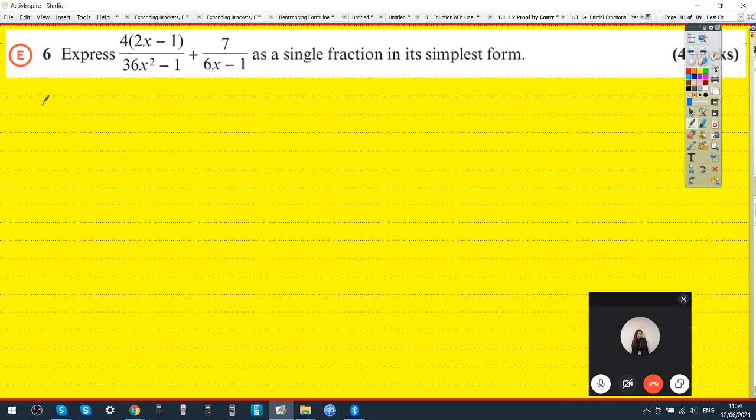So you get 6x minus 4 on the top left. 8x minus 1, then minus 4. And then the bottom, would you simplify that as a quadratic? Would that work? Okay.